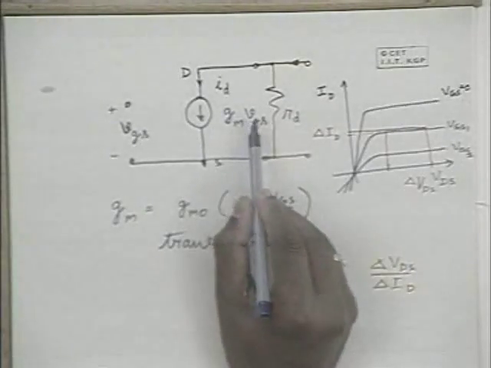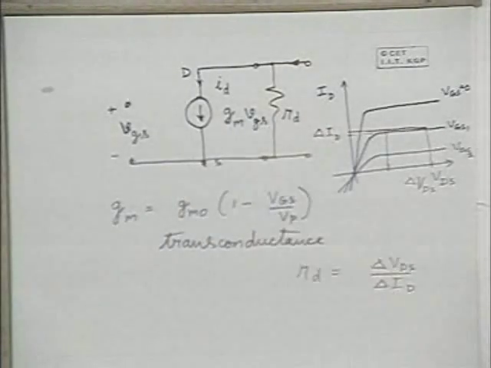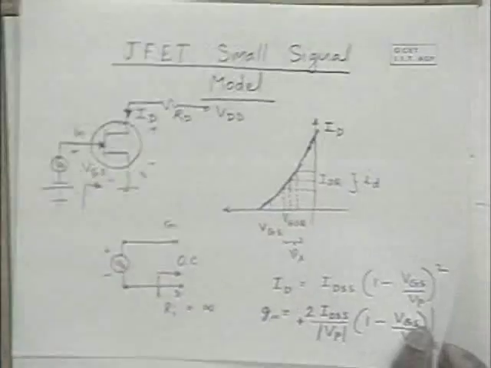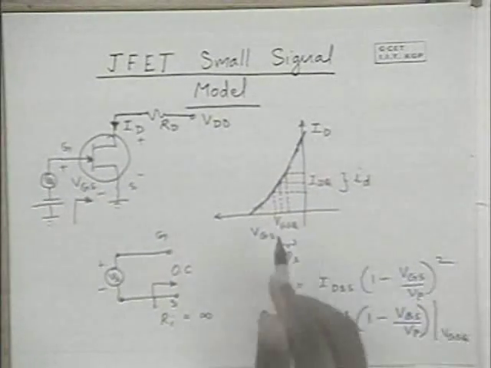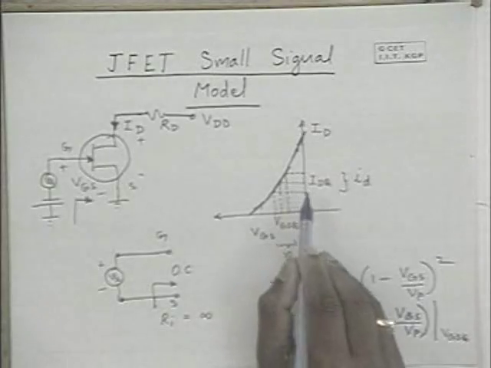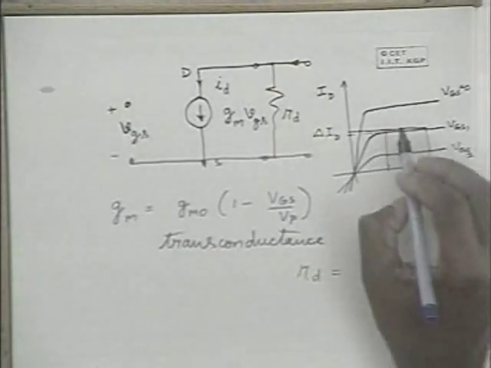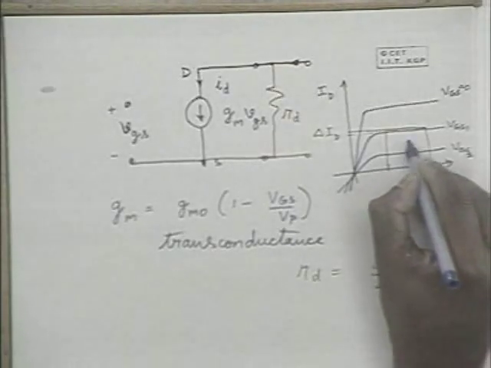And the proportionality constant between the output current and input voltage, GM, can be obtained from the transfer characteristics like this around the Q point.